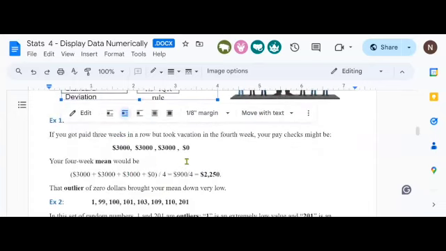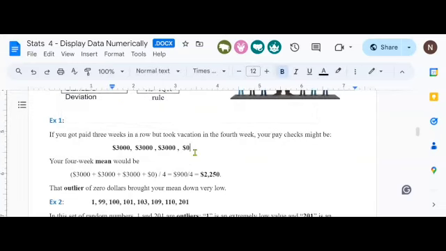So let's go for example 1. If you got paid 3 weeks in a row but took vacation in the 4th week, what's going to happen in the 4th week? You're not going to get paid, right? It's going to be how much? 0. That's bad, right? So in this case, how would you calculate the mean here?